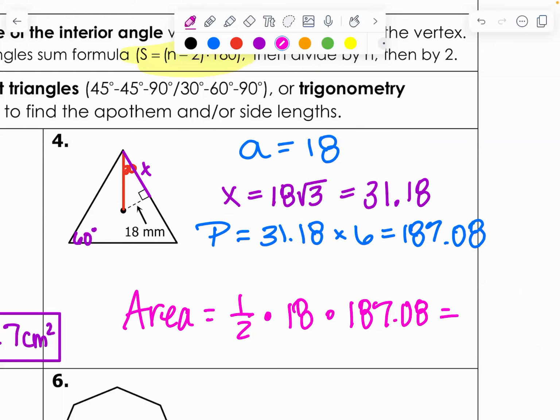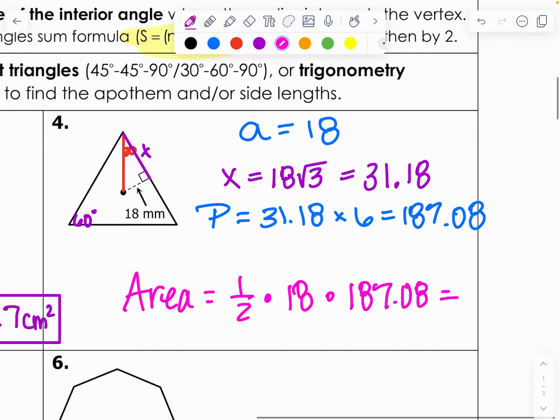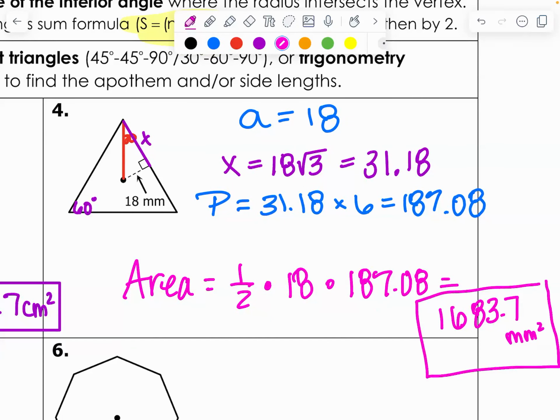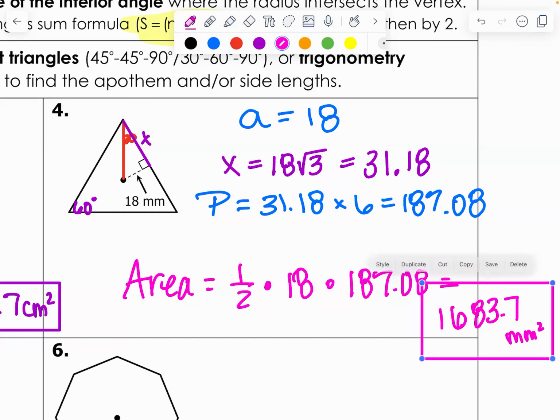When you multiply by 18 and then times 1/2, are you getting 1,683.7? Okay, so if you're off by 1 decimal place because of your rounding, I will take that into consideration. You're not going to be wrong.